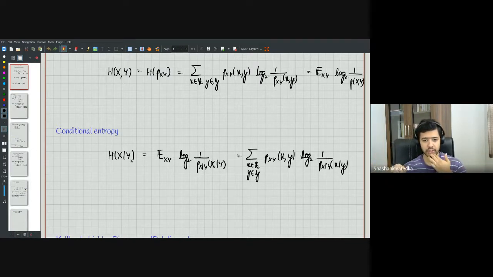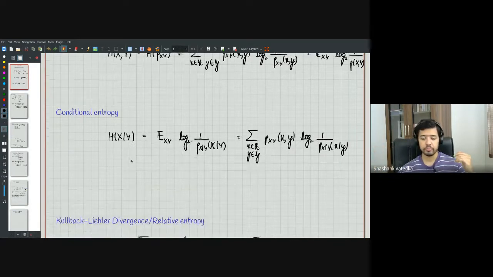Right? And similarly, if x and y are independent, then the conditional entropy of x given y is equal to the entropy of x because the uncertainty does not reduce if you give y.